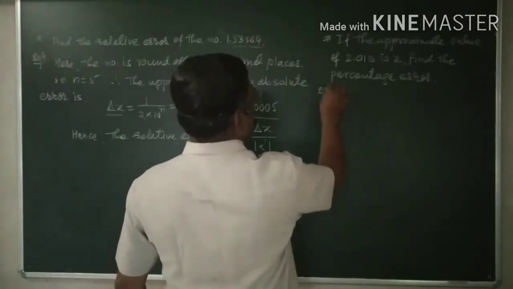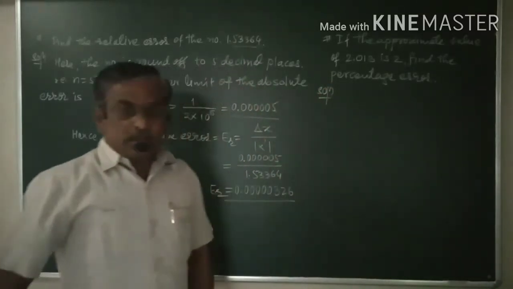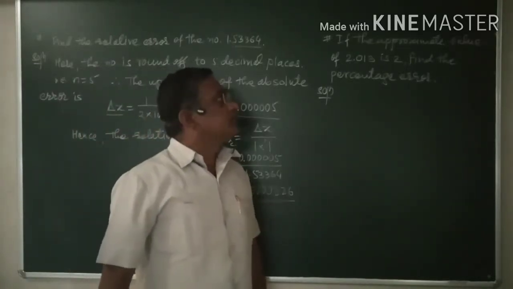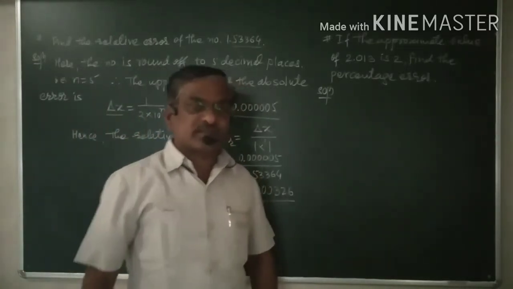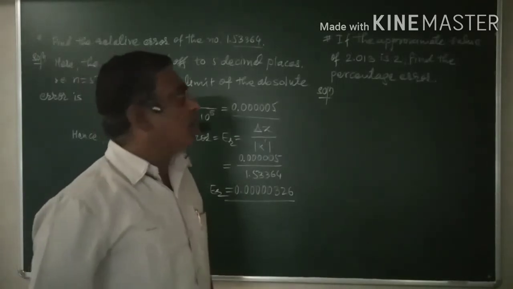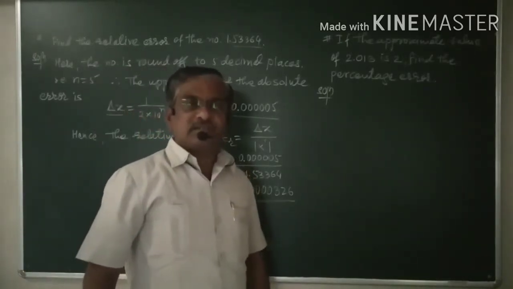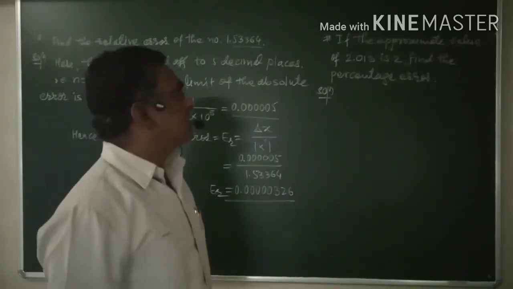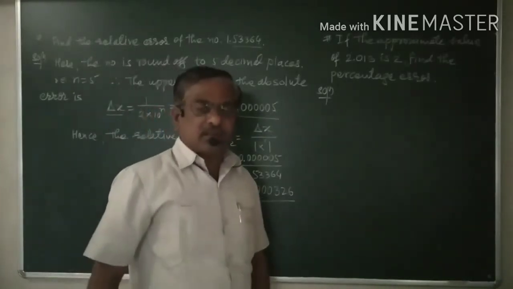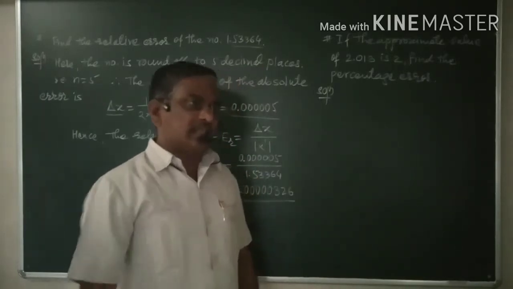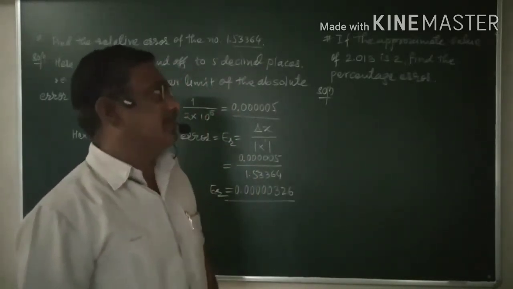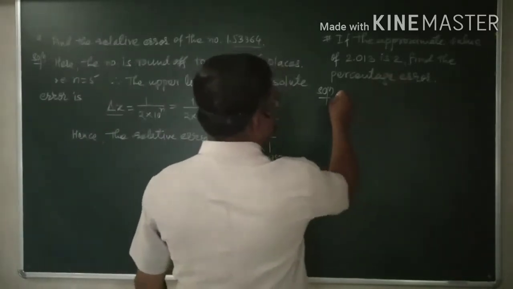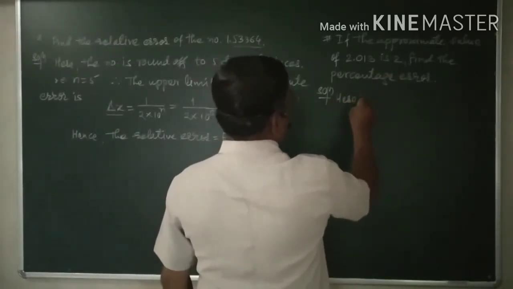See, what is the example here? The approximate value of a certain number is given to you, and you need to find the percentage error. As we have gone through the theory, for that purpose you need the absolute error, then the relative error, and then you can find the percentage error.